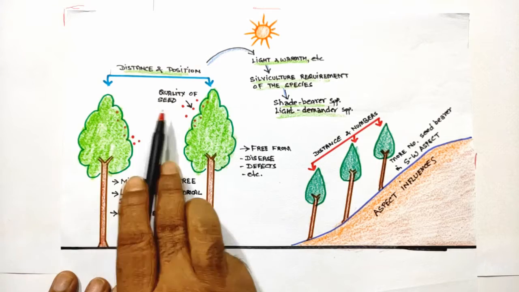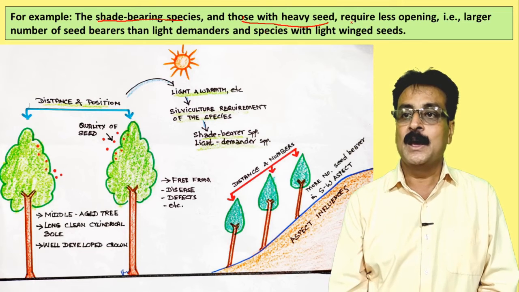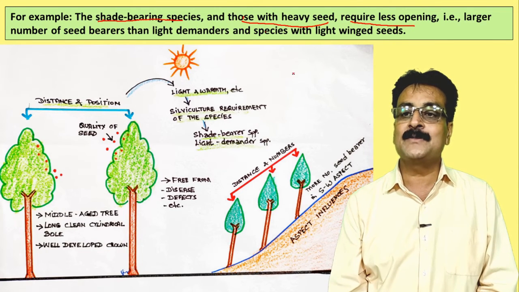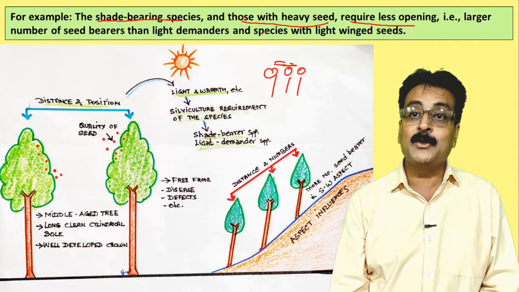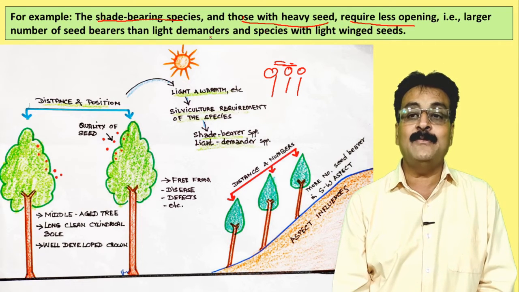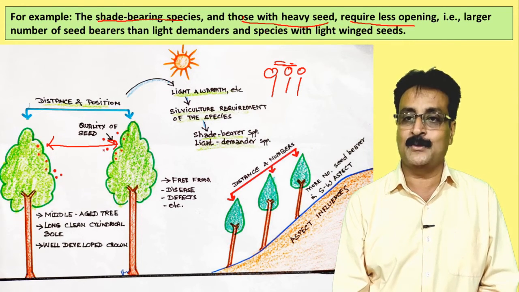For example, shade bearing species and those with heavy seeds require less opening, meaning we need not keep too much distance, compared to light demanders and light winged seeds. If they are light demanders, we can keep more distance.